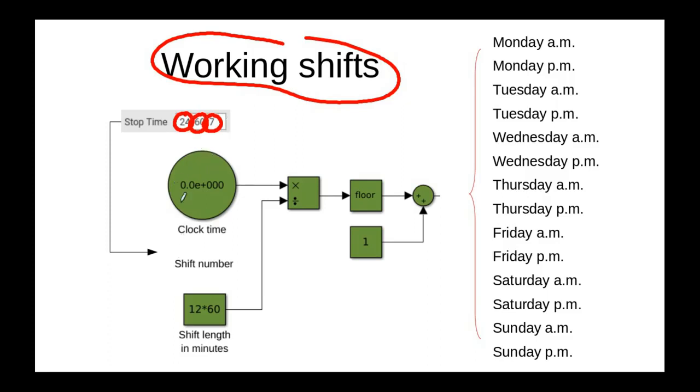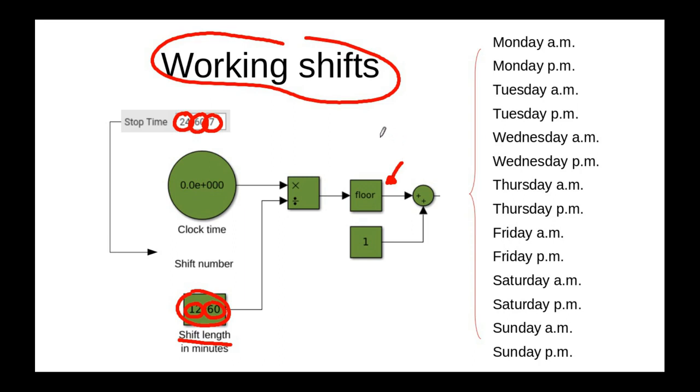First of all, here we have the clock time, and this is the shift length in minutes. As you can see, 12 hours multiplied by 60 minutes. I divide this in order to have numbers between 0.0 and the last one, which is 14. But here you can see that I have applied a floor rounding function in order to have integer numbers.